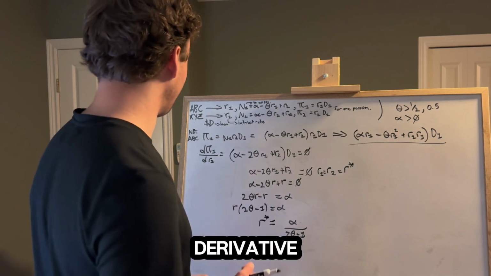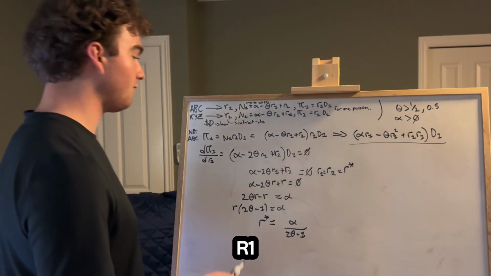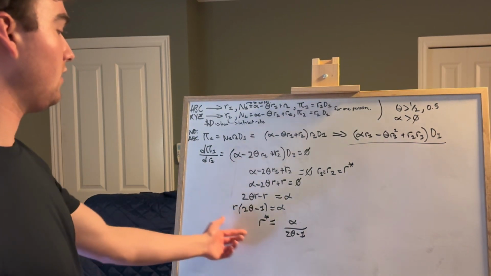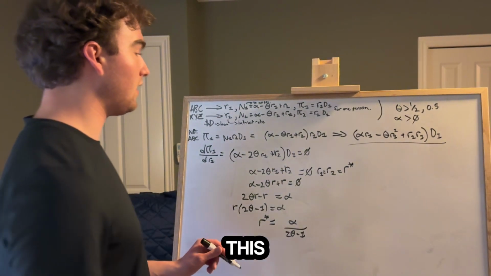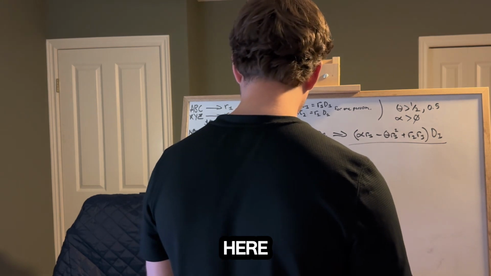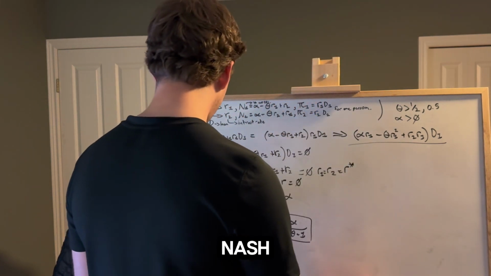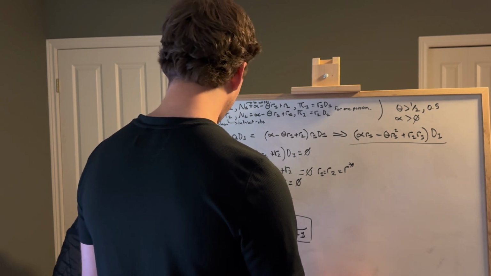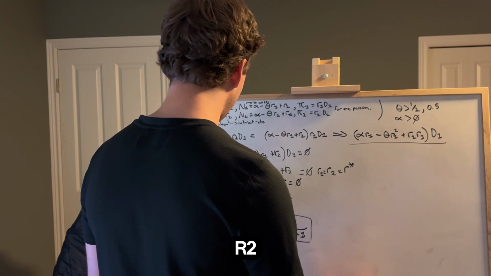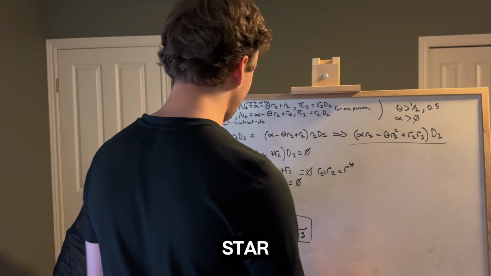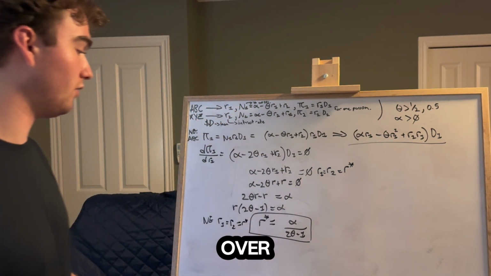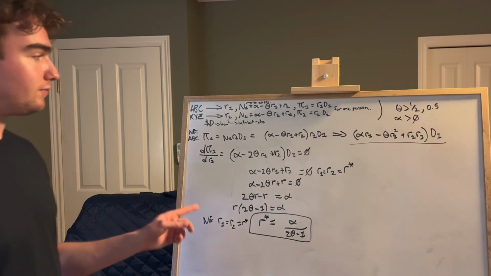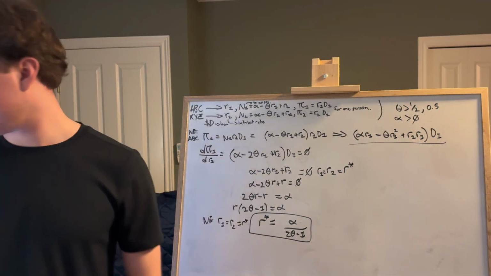Then you do your partial derivative with respect to R1, and then you make R1 equal R2 equal R star. You isolate R star, and this, right down here, is your Nash equilibrium, where R1 equals R2 equals R star equals alpha over (2 theta less 1). So that's part 1 done.